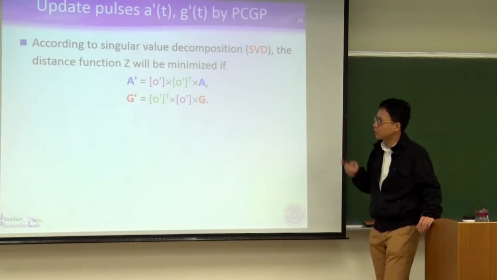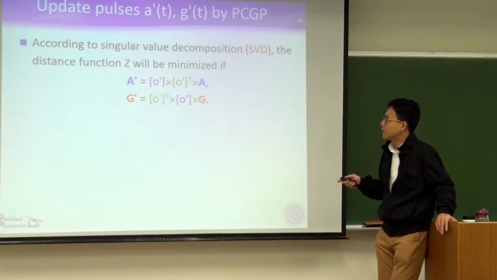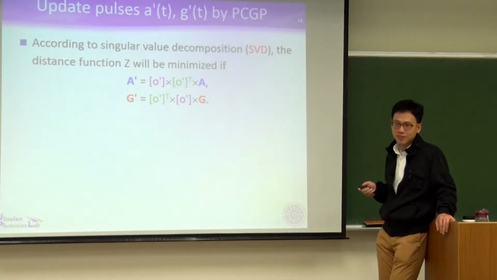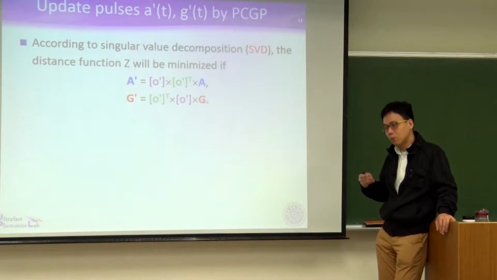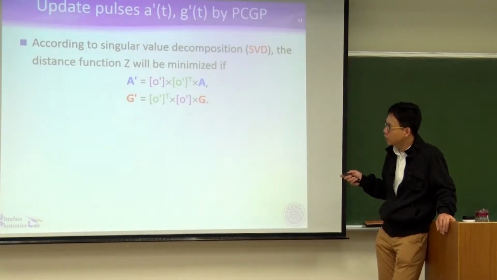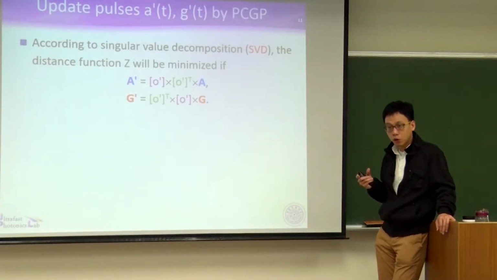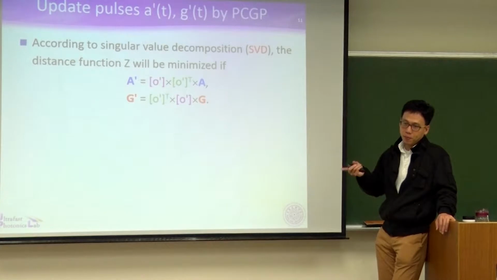And here is the central idea of the PCGP. According to the singular value decomposition SVD theory, the distance function will be minimized. Remember, for the purpose of the update, we need to minimize the distance function Z. Distance function means the difference between the gated signal pulse and the updated version.